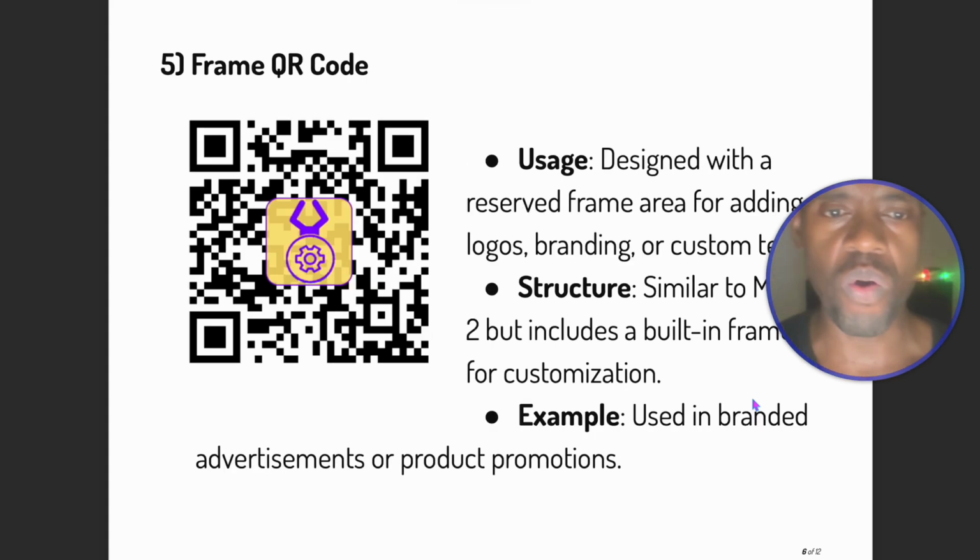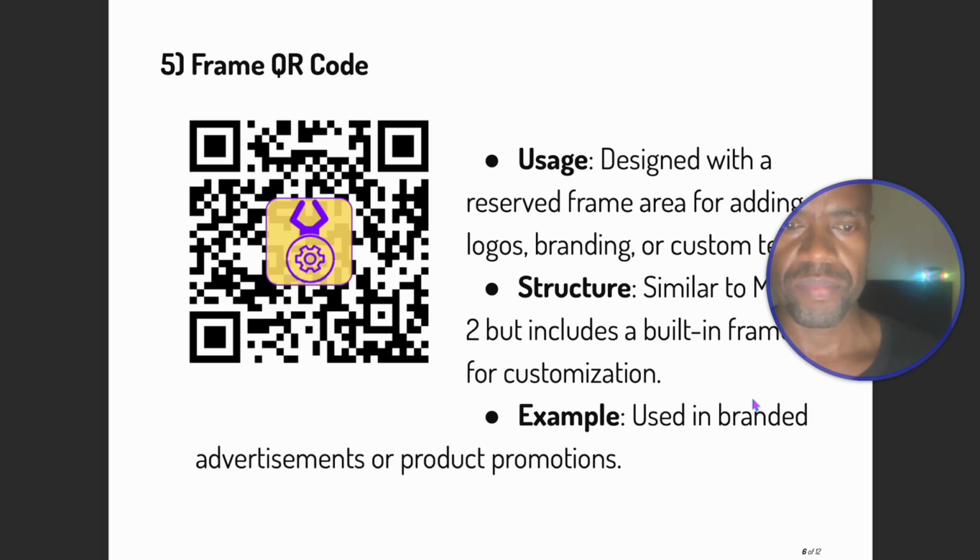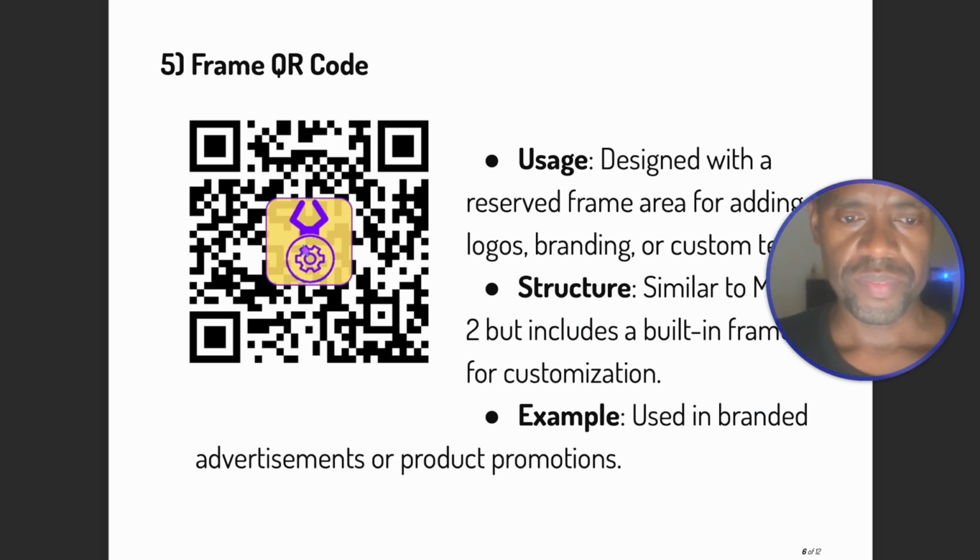Frame QR code. Have you noticed we have a logo here? Frame means it holds a frame designed for logos. So if you want to add branding on this QR code, you can do that.